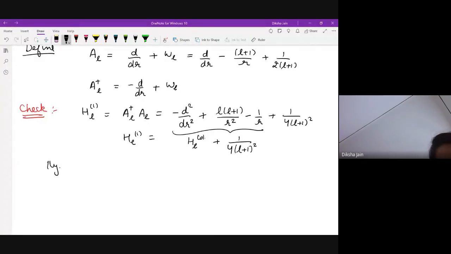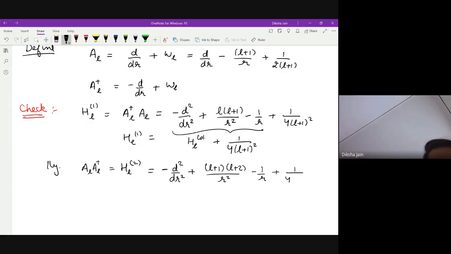Similarly, H_L of 2 is given by, okay, I will write explicitly, d square by dr square plus L plus 1 L plus 2 over r square minus 1 over r. So H2 was basically A L A dagger L. Please check this when you try to do the computation.